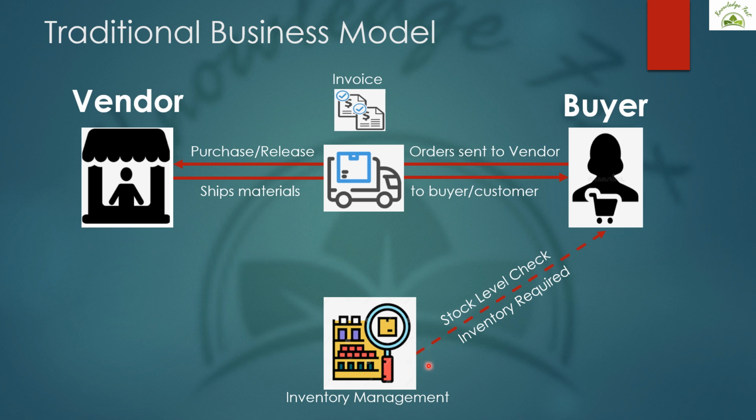If there is a requirement to purchase it from the external vendor based on the inventory requirement, the buyer places an order towards the vendor. On receiving the order from the buyer, the vendor ships the material along with the invoice to the buyer. So this is a traditional business model.